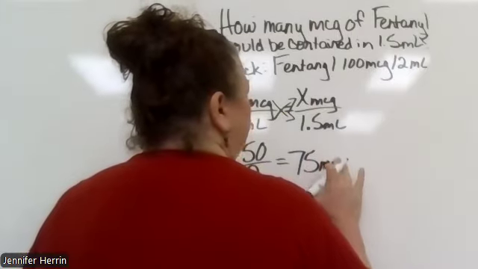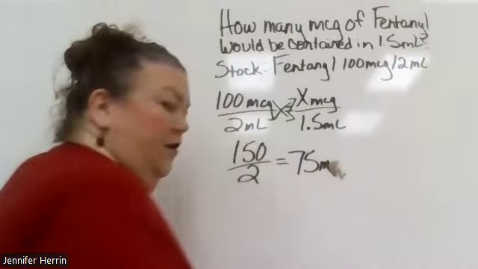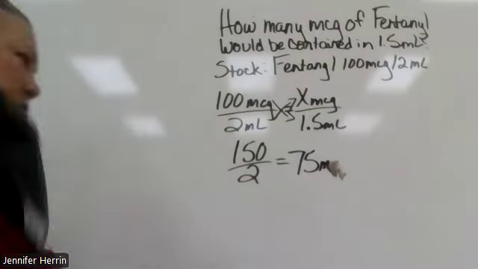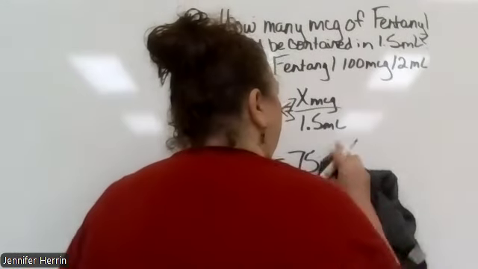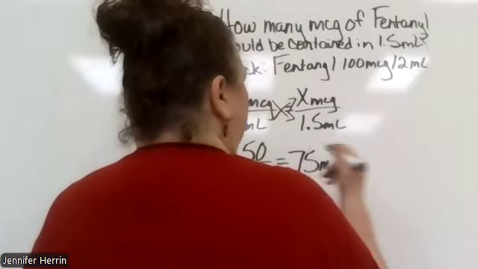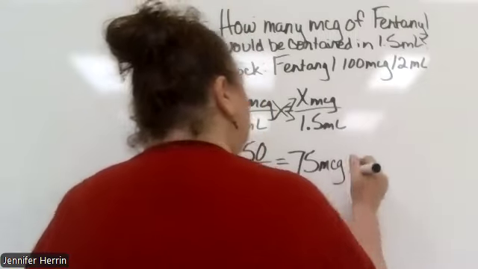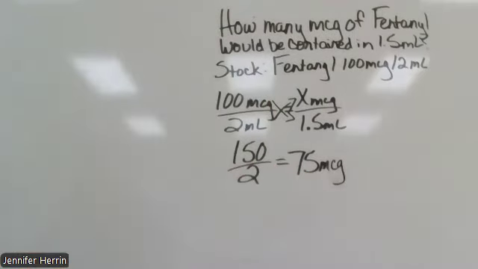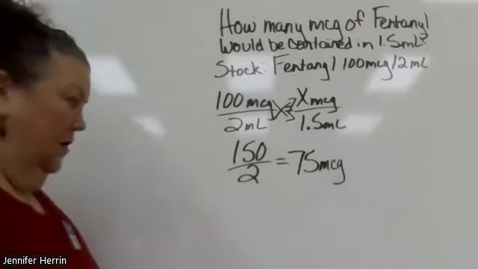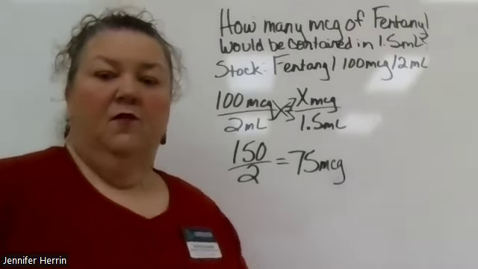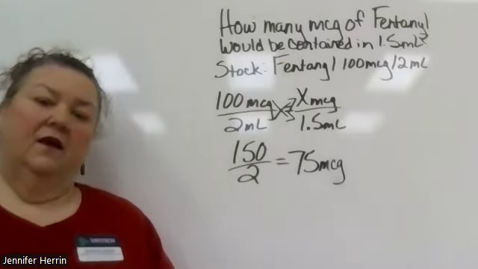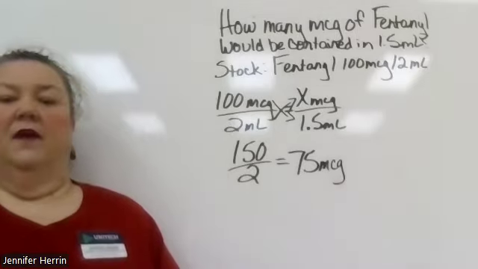And remember, this is micrograms. I don't know why I keep trying to make it milligrams, but it's micrograms, mcg. Sorry about that. The 75 micrograms would be contained in the 1.5 milliliters.